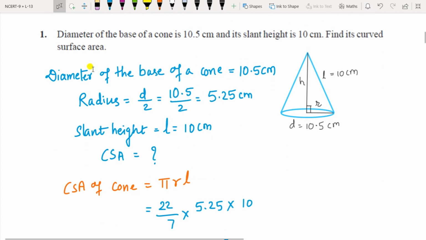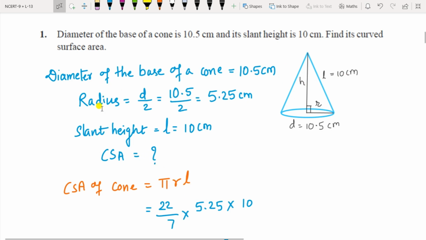The first question: the diameter of the base of a cone is 10.5 cm and its slant height is 10 cm. Find its curved surface area. So the diameter of the base is 10.5, slant height L is 10. The curved surface area of the cone is pi r L, so we need to find r.